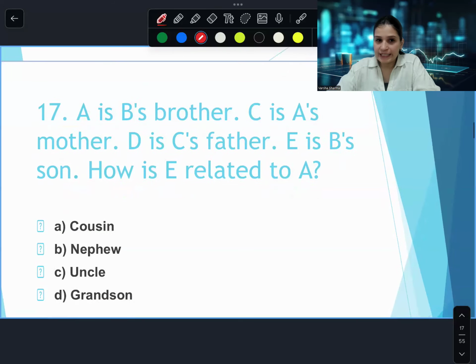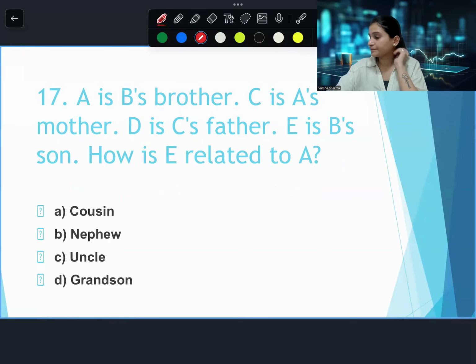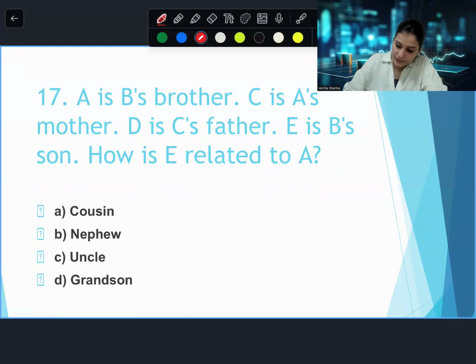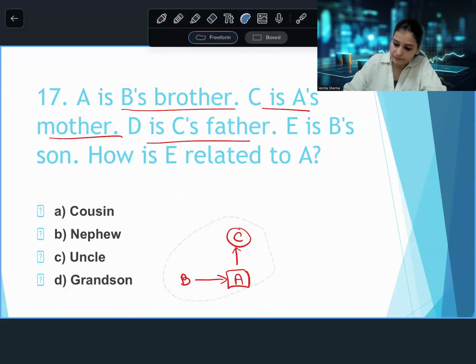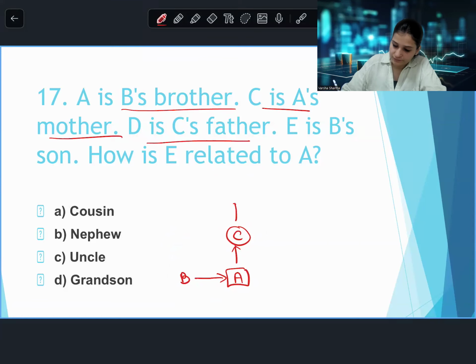17. Answer: Nephew. A is B's brother. C is A's mother. D is C's father. E is B's son.